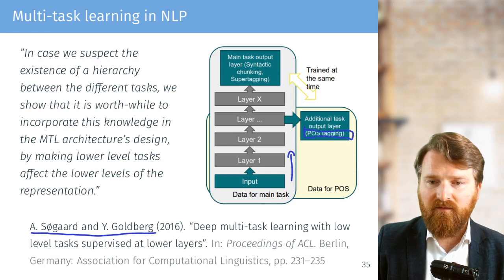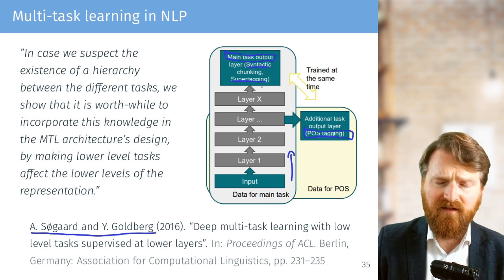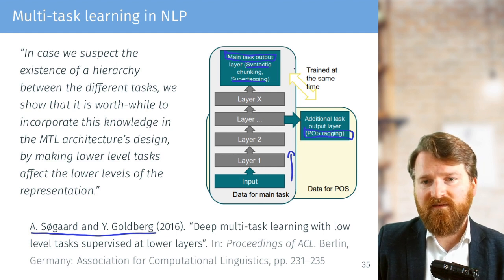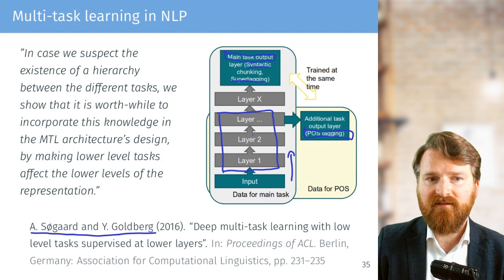And this is one task you train your network on, and there's another one which is the so-called main task, and it could be, for example, supertagging or syntactic chunking. So these are still low level but higher level than part of speech tagging. And you would basically train these two objectives at once and train a network, and these layers here would be shared for both of these tasks.